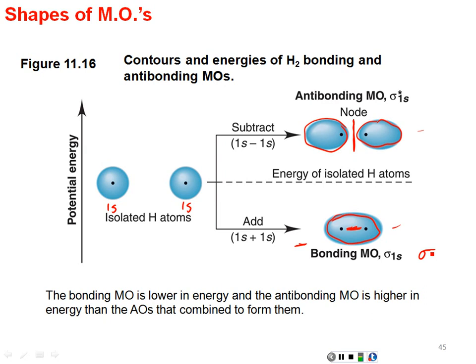That would be written as sigma 1s because it uses 1s atomic orbitals to form. To label an anti-bonding molecular orbital, you add a star, so sigma star would be the anti-bonding orbital. It's also important to point out that the bonding orbital is lower in energy than the two atomic orbitals, and the anti-bonding orbital is higher in energy.